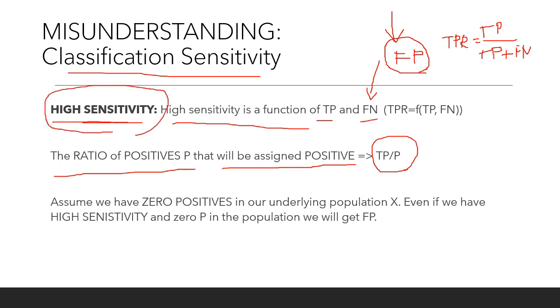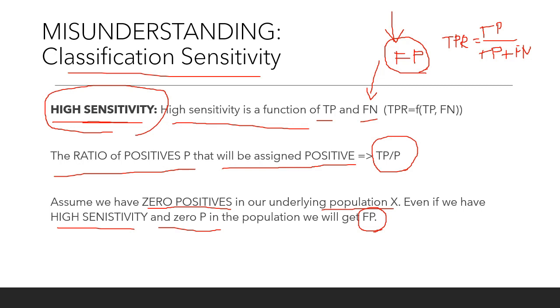So what happens here? Imagine that we have 0 positives in our underlying population, and this is an example of where this could go wrong. Even if we have high sensitivity and 0 P, 0 positives in the population, we will get false positives, right? So imagine that, for example, in a population, nobody has cancer, okay? But we have a test that has very high sensitivity.